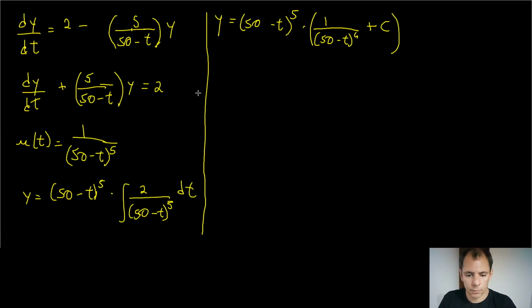Okay. Let me just see here. Okay. So let's just multiply it out. So y is going to be equal to (50 minus t) to the fifth divided by (50 minus t) to the fourth. Just going to be 50 minus t. Okay.